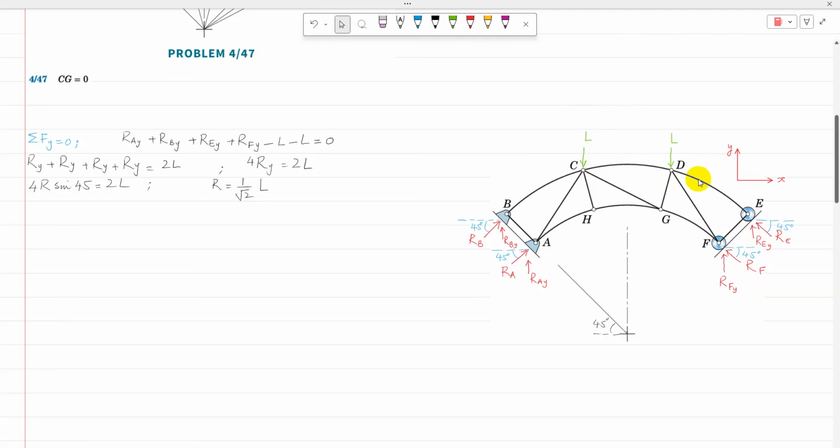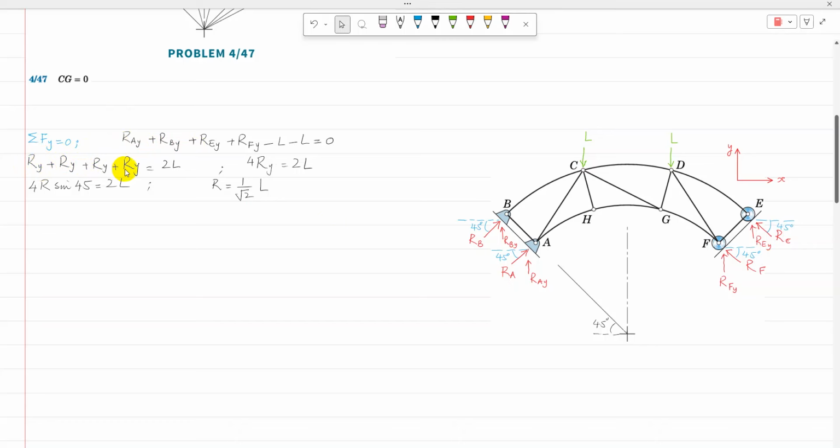Applying sigma Fy equal to 0, RAY, RBY, RFY, and REY act vertically upwards, so they are positive, and both loads act vertically downwards, so they are negative.